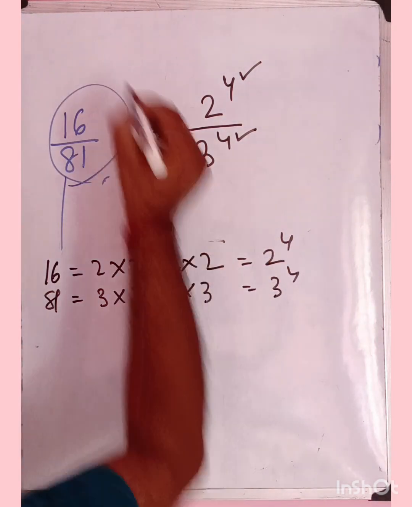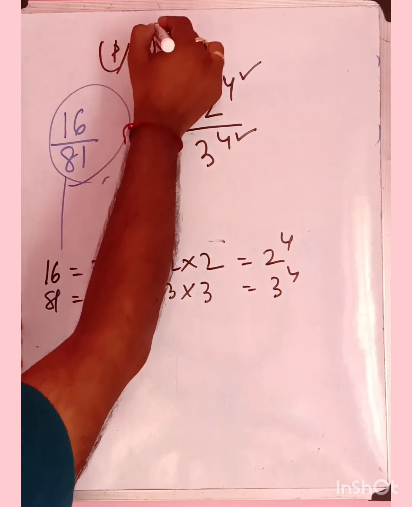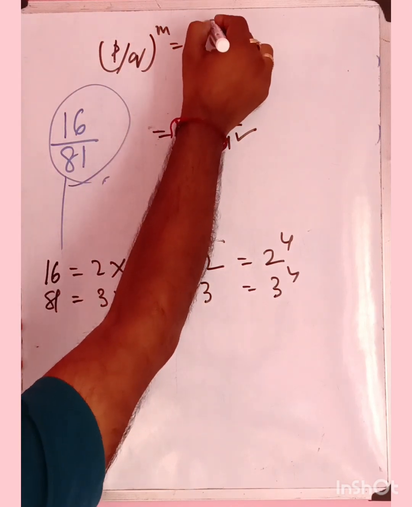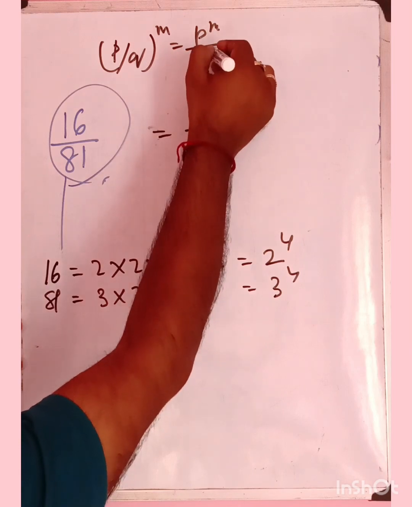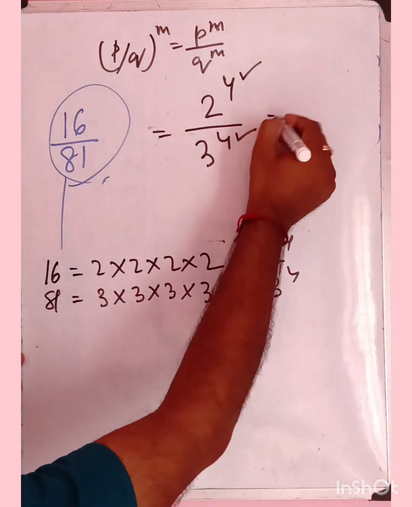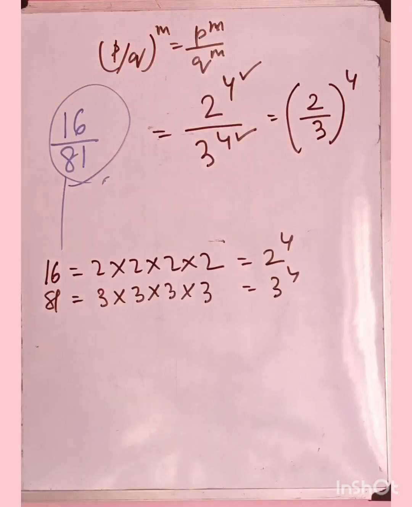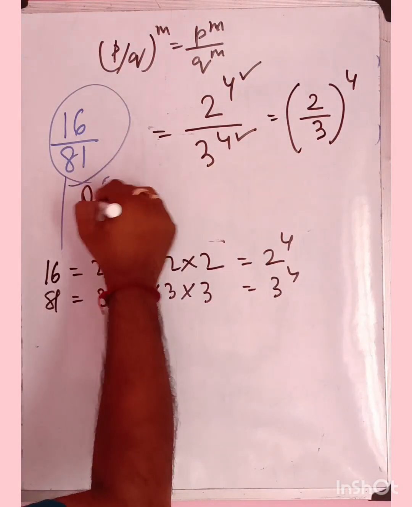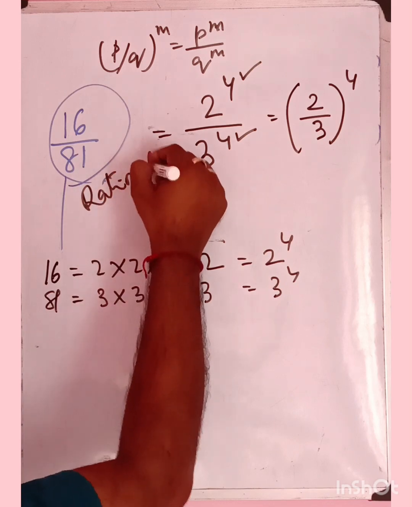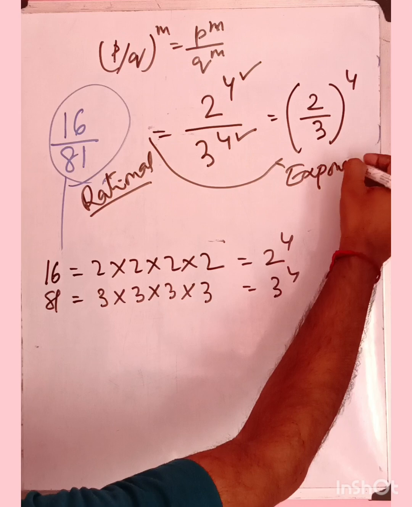So remember that one, P by Q to the power m equals P to the power m by Q to the power m. Just the reverse, we can write it as 2 by 3 whole to the power 4. This is the rational form and this is the exponential form.